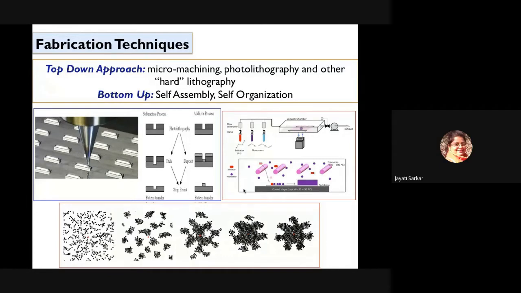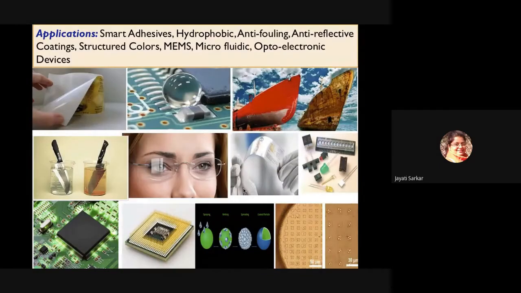So in this talk, I will be basically focusing on the self-organization in polymeric thin films, right? How this can give rise to different types of patterns that can be used. Now, if we see why this should be done, we have seen in nature, and actually this can be put into applications, where it can be used as smart adhesives, as hydrophobic coatings, which is very much in need when we are doing microelectronics and things like that.